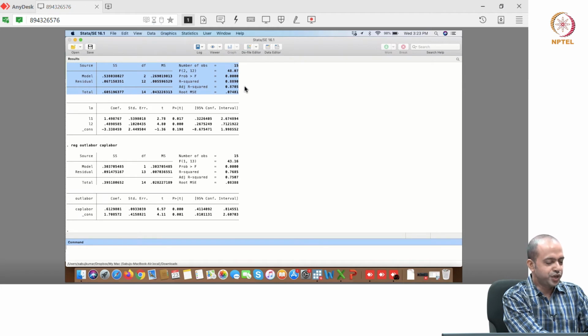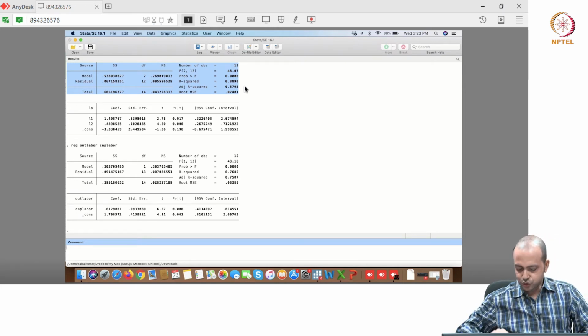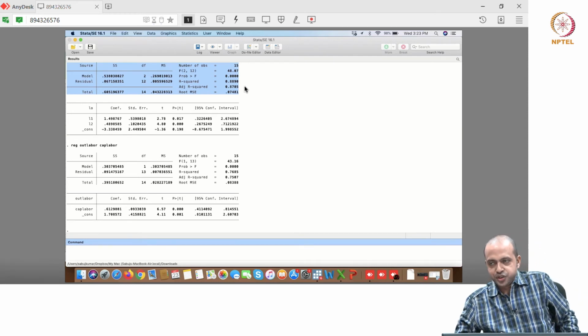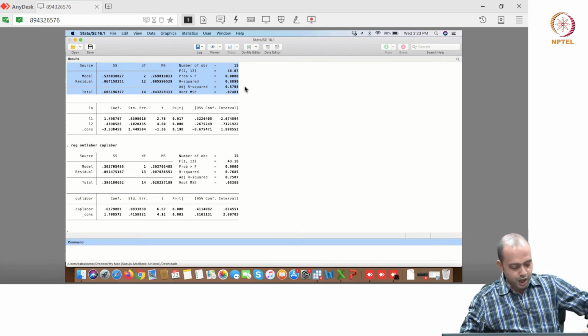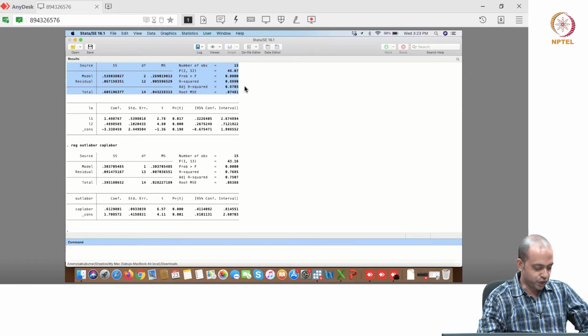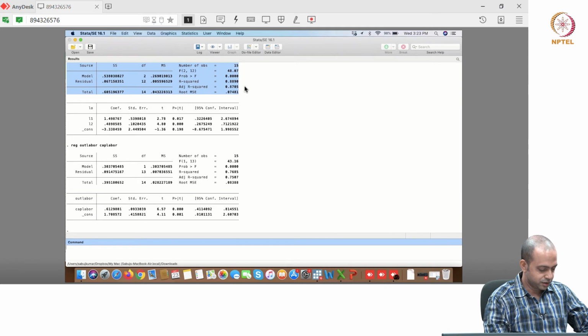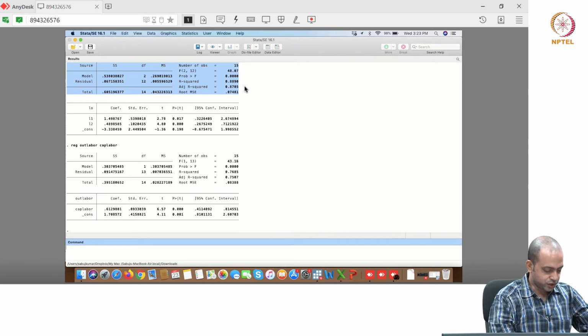So 15 minus 3 equals 12. You have to keep that in mind. Now I will use this formula to construct the test statistic.